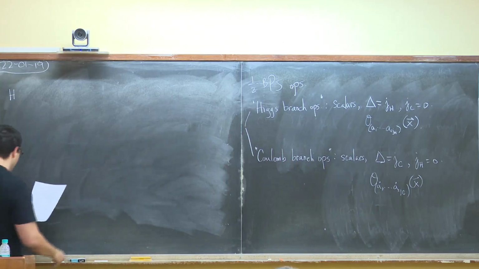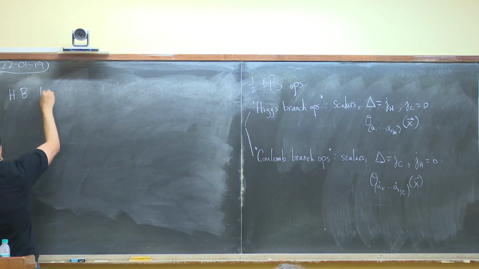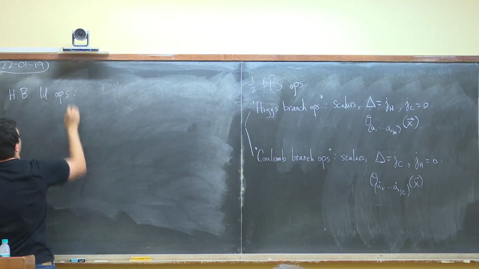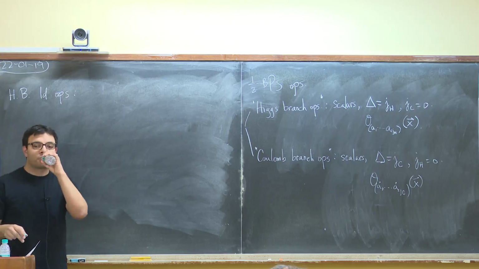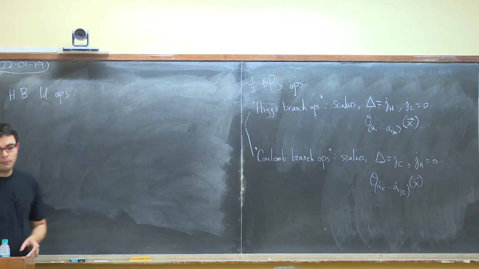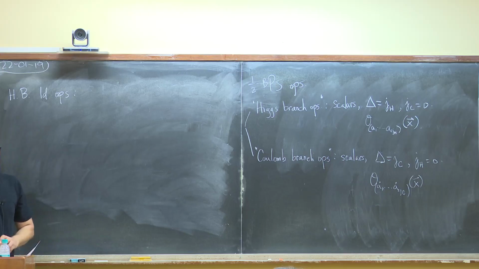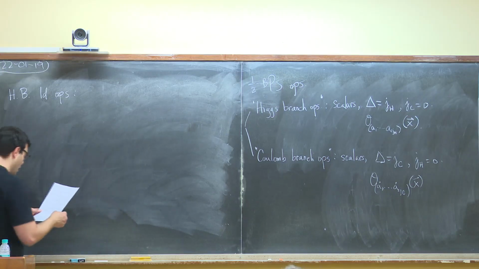So let's just do the first one first. The Higgs branch 1D operators. In the D2 brane theory, or the M2 brane theory, if you use a convention in which the supersymmetry transforms like the vector of SO8, then the scalars transform like a spinor of SO8? Yes. Okay, so this is the analog of that.